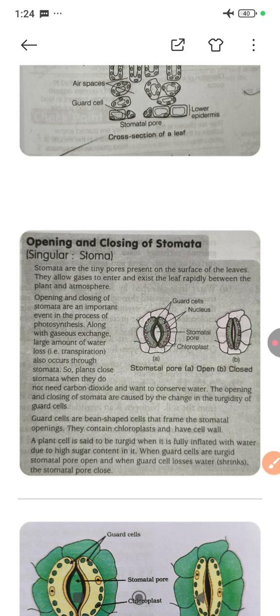The opening and closing of stomata are an important event in the photosynthesis process, because along with the gaseous exchange, the excess water of the plant's body is removed by the process of transpiration through the stomata. So plants close stomata when they do not need carbon dioxide, and when they want to conserve water, during that time they close the stomata. Clear?